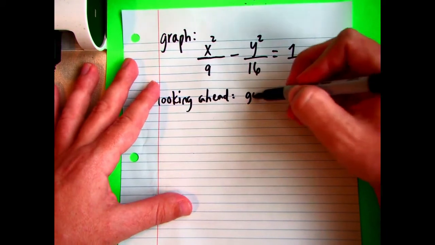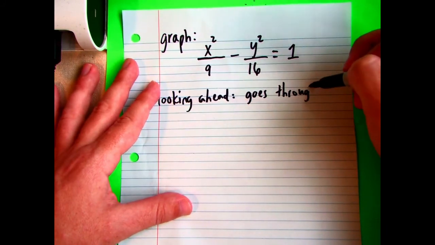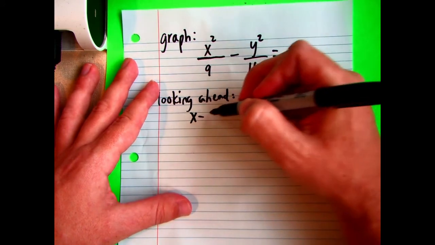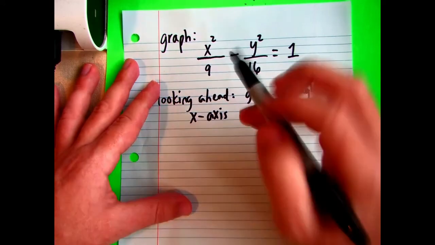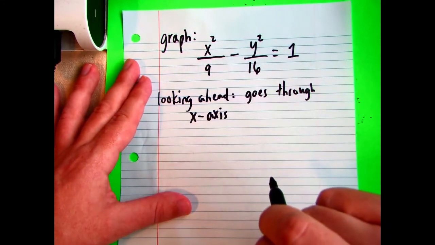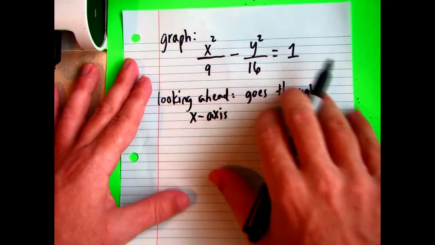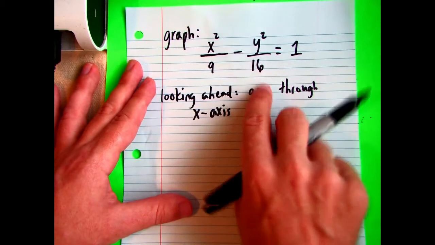X squared came first. So looking ahead, the graph goes through the x-axis. The vertices, the foci, all on the x-axis, and the graph goes through the x-axis because x squared came first.